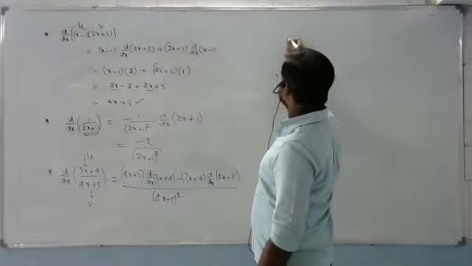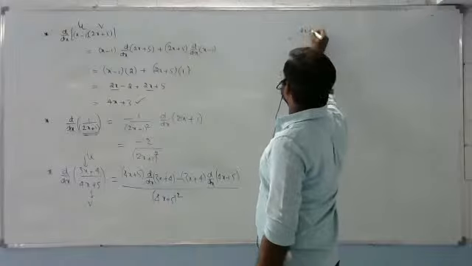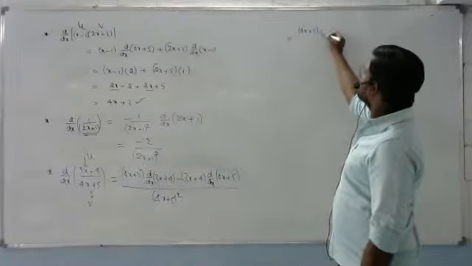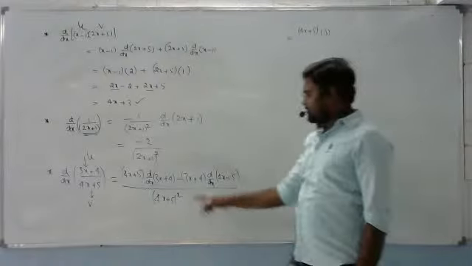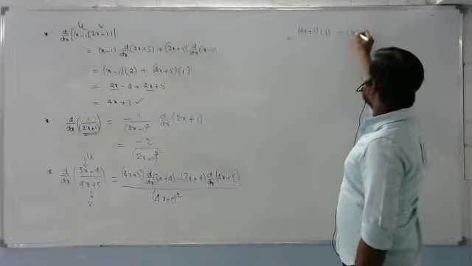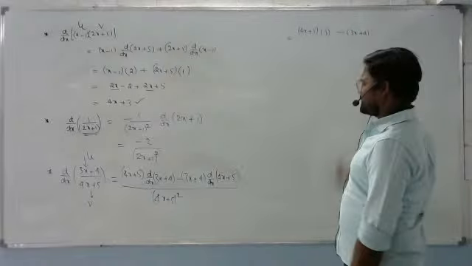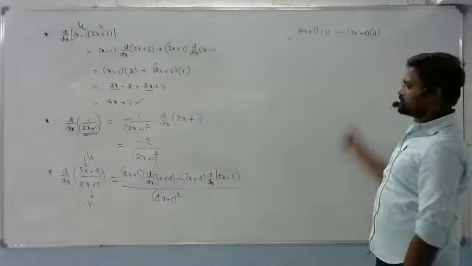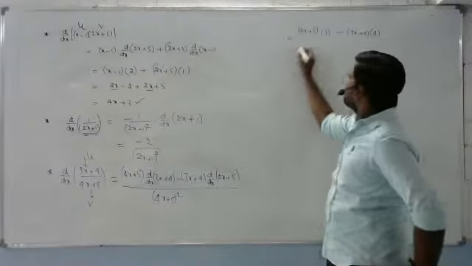So if you simplify this, 4x plus 5 times, what is the differentiation of 3x plus 4? 3. d by dx of 3x is 3 plus differentiation of 4 is 0. Minus of 3x plus 4 into, what is the d by dx of 4x plus 5? It is 4. Isn't it?